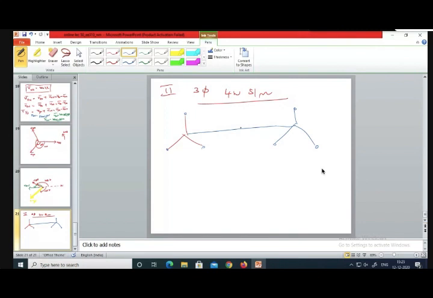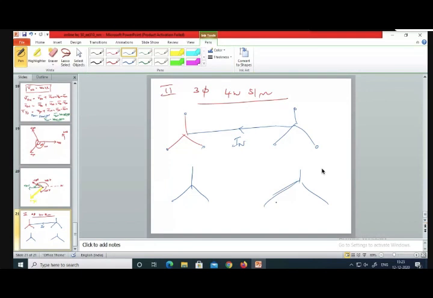If you have got neutral, then you'll be having current. That is neutral current. So in a balanced system, the neutral current is 0. In an unbalanced system, the neutral current is non-zero. The neutral might have some impedance.